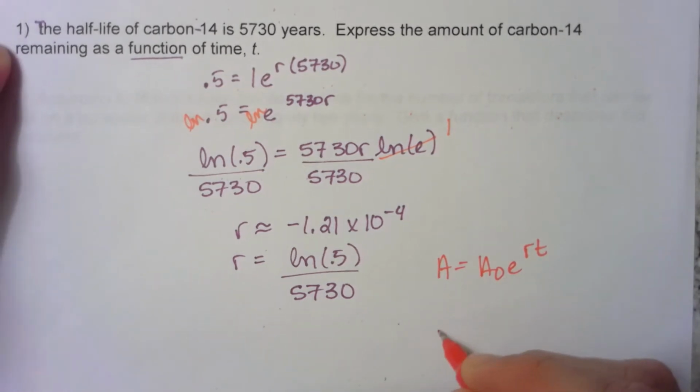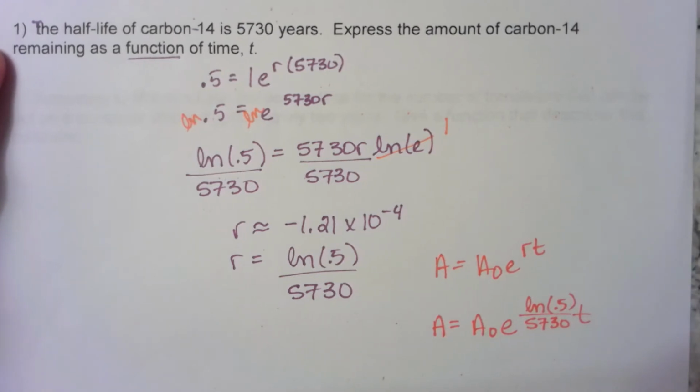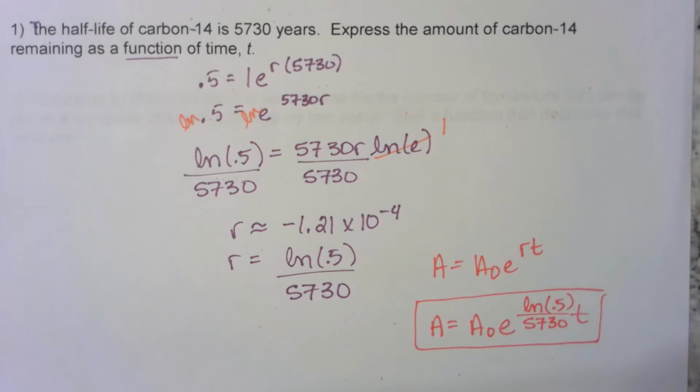So we have our final amount is equal to our original amount, e to the, this is your r, natural log of 0.5 over 5,730 times time. So if you wanted to take some substance that you know the original amount of and how long it's been there, you can find out how much is left. So this is going to be your final formula for that problem.